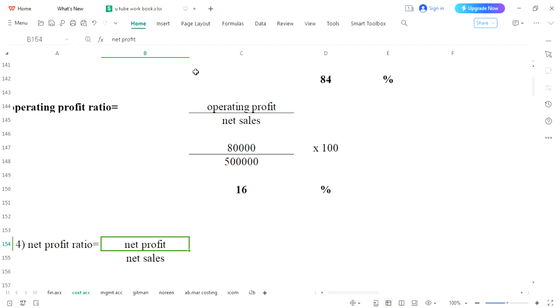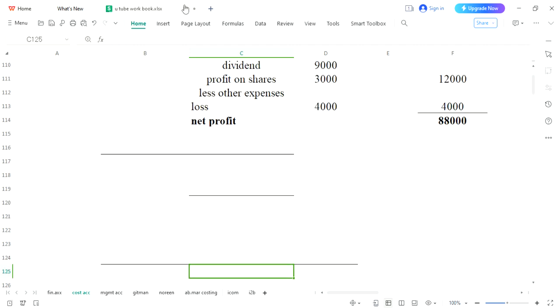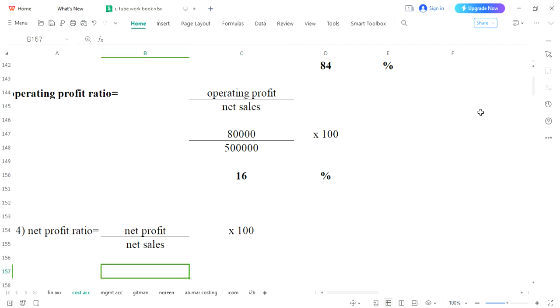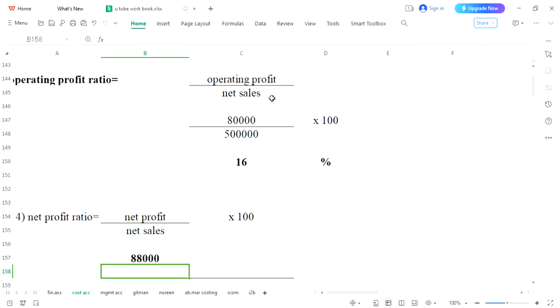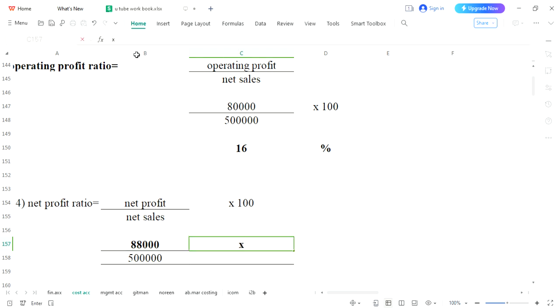And if you want to calculate it in terms of percentage, simply you will multiply it with 100. Net profit recently we have calculated, look, and that is 88,000. So put over here 88,000, and then you need to put sale, which we have already calculated, 5 lakh. Right, put our divisor, and then we need to multiply it with 100.